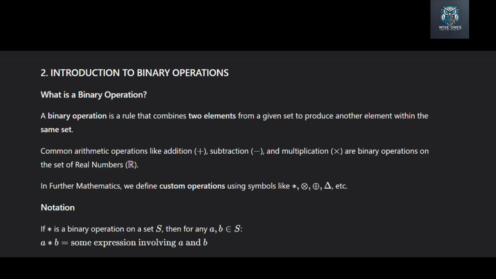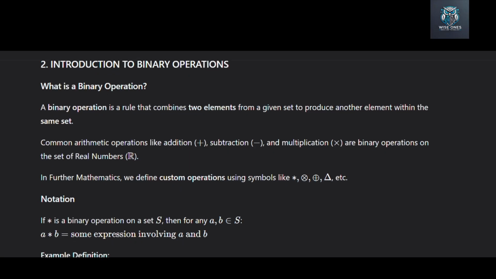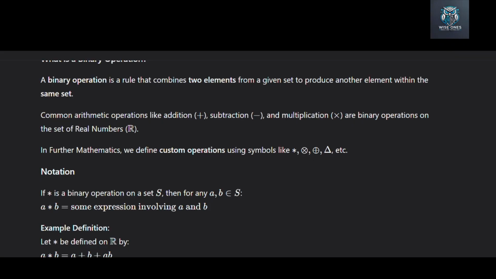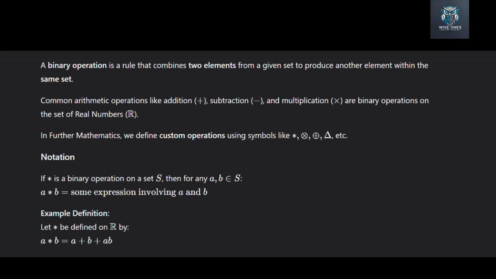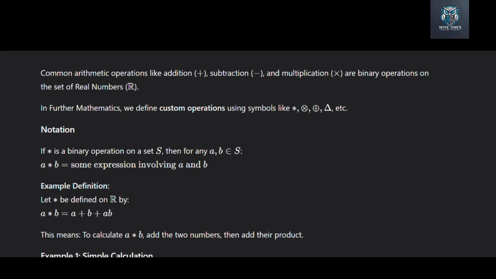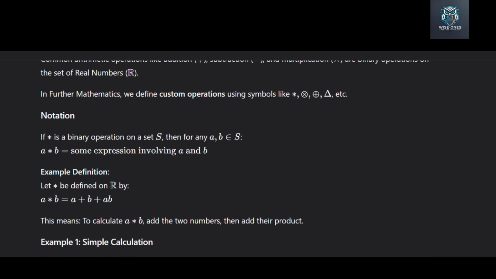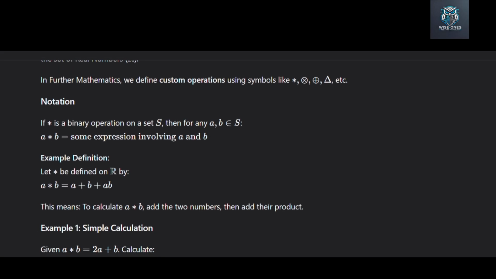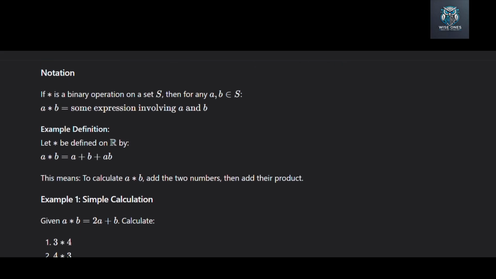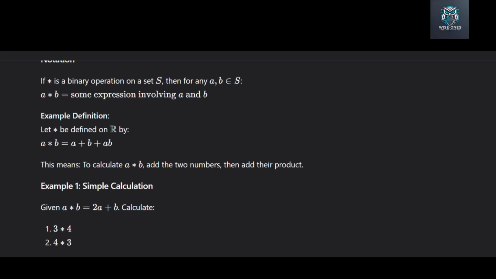If star is a binary operation on a set S, then for any letter A and letter B in that set, A star B equals some expression involving A and B. Here's an example definition. Let star be defined on the set of real numbers by A star B equals A plus B plus A times B. This means to calculate A star B, you add the two numbers and then you add their product. You just follow the rule given.